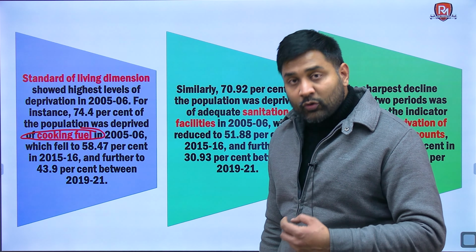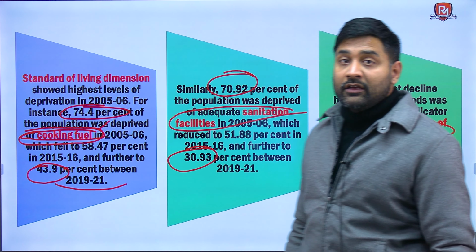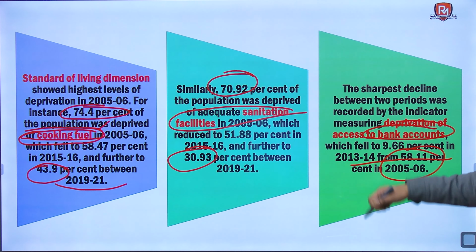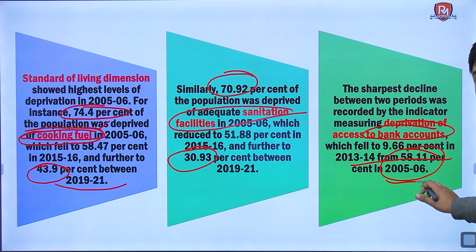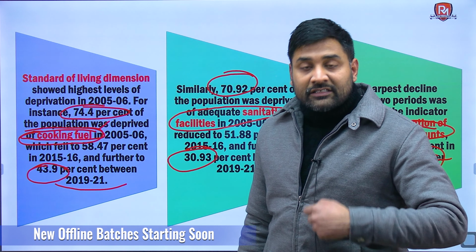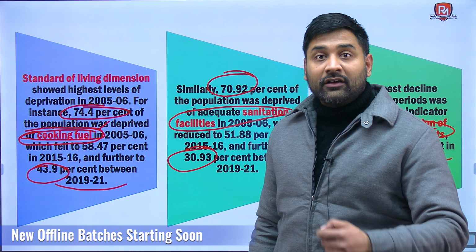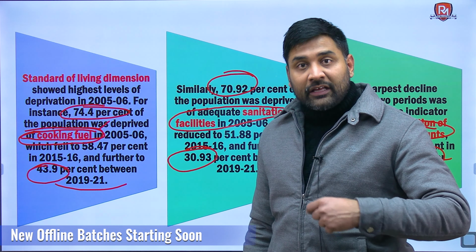Earlier, the deprivation was 58.11% as per 2005-06 data, but now this number has been reduced to just 9.6%. A drastic change because of the steps taken by the government. Due to these steps, the public has started opening more bank accounts, and with that, our economy has become a cleaner economy, and direct benefit transfer schemes have been started by the government of India.